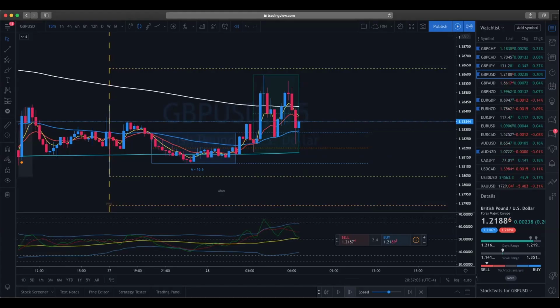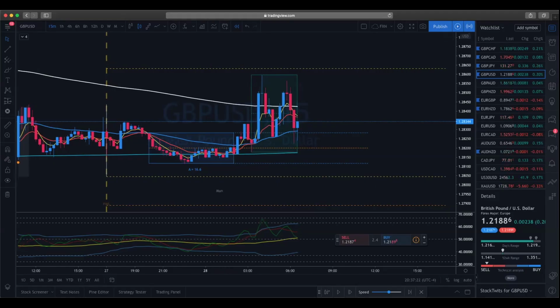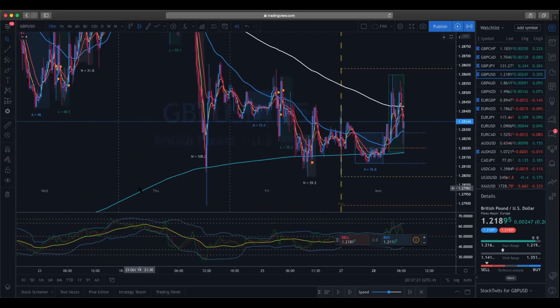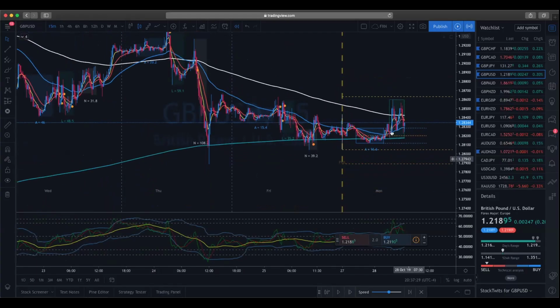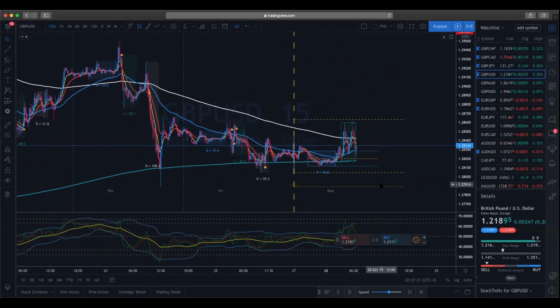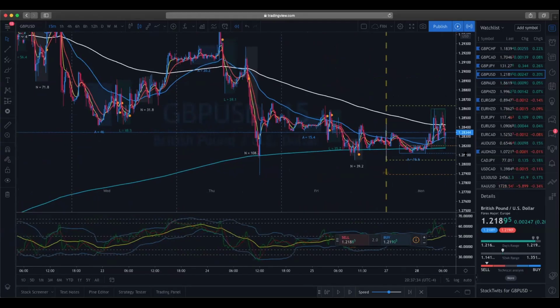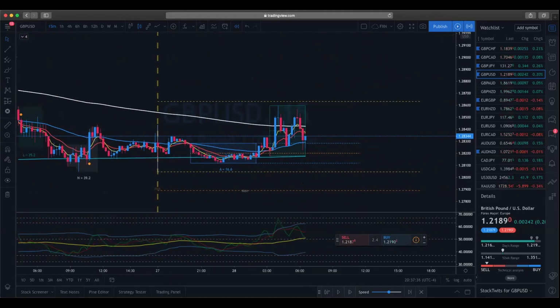So what have you noticed so far? That every time it goes to the 50, it gets rejected there. Do you see that? Every time it gets to the 50, it gets rejected. That should tell you what you could be expecting: it's not going to go down as much as you want, and as much as the pattern suggests, because the 50 is holding it from moving down further.